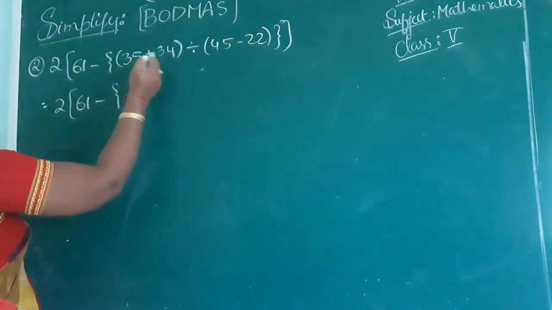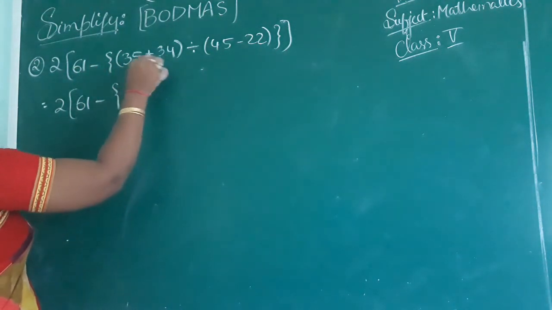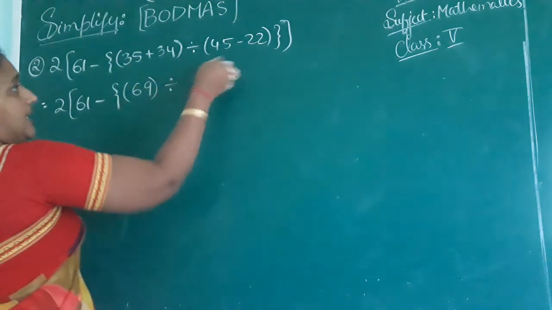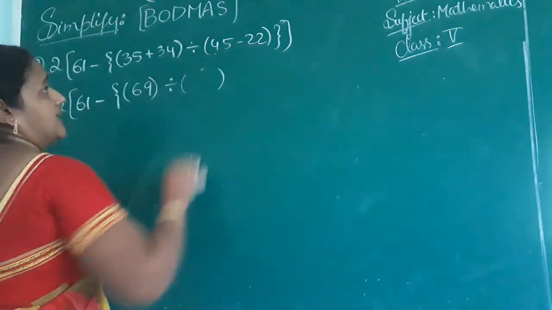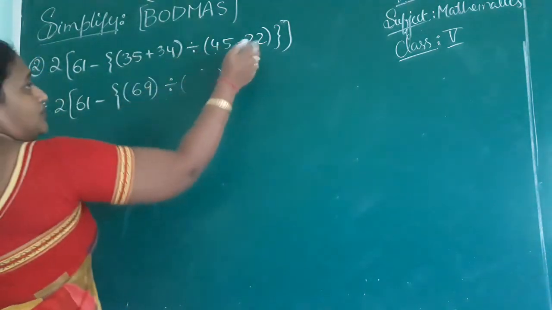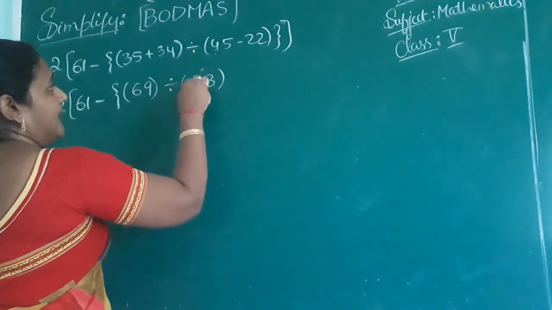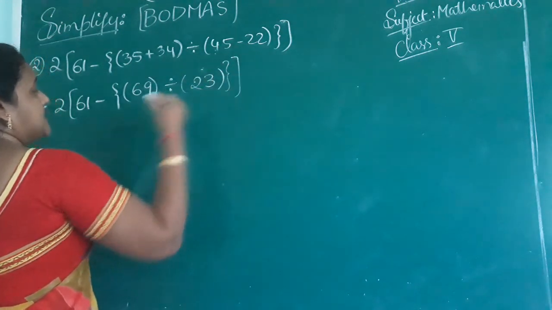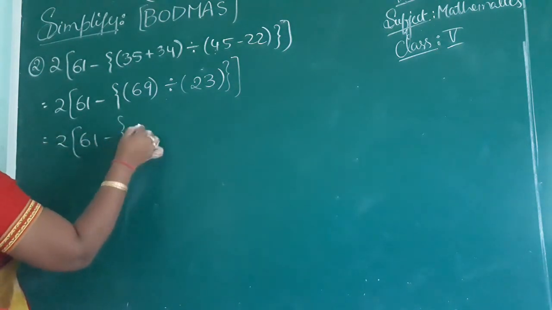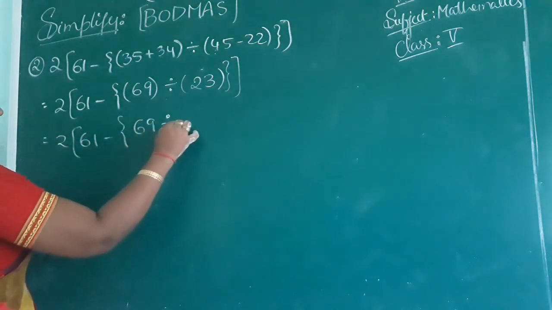So add those two. 5 plus 4 is 9, 3 plus 3 is 6, 69, divided by round bracket 45 minus 22. What is 45 minus 22? 5 minus 2 is 3, 4 minus 2 is 2, 23. Curly bracket close and then square bracket. Okay, 2 of 61 minus of curly bracket 69 divided by 23.